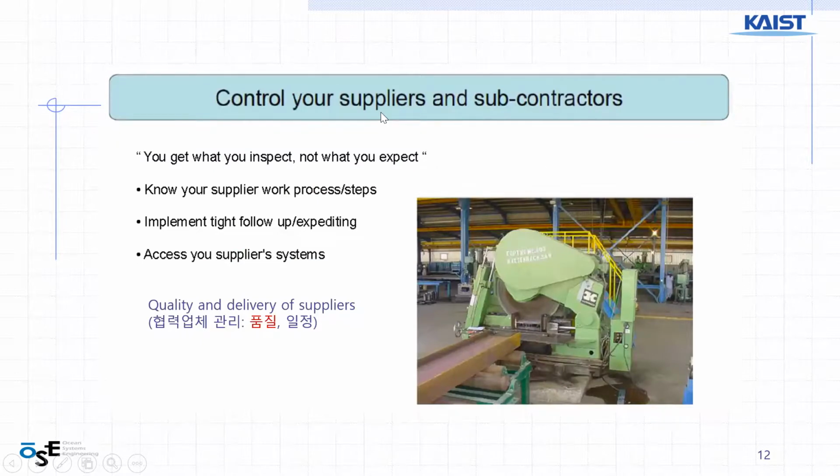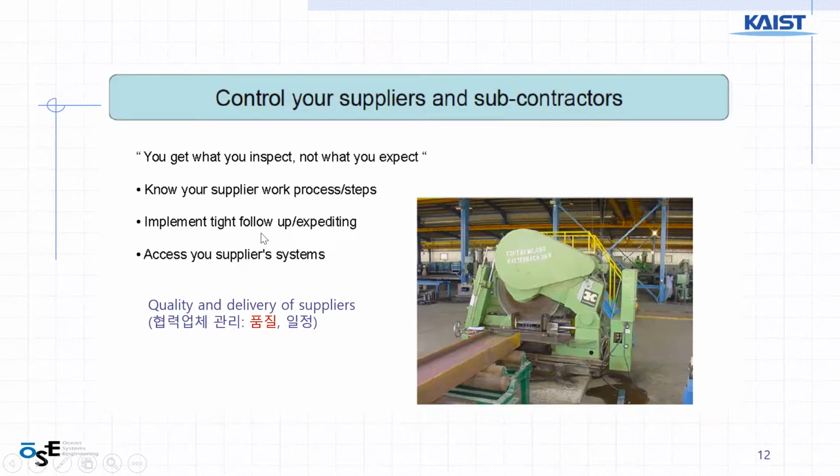So supplier and subcontractor, how can you control them? You get what you inspect, not what you expect. Right? So inspection of contracted equipment should be important. And also how they work, the supplier work process and steps, so that you can expect the delivery time and also level of quality. Right?